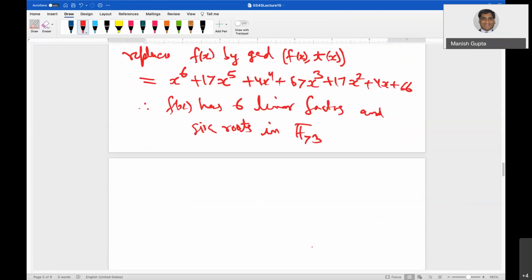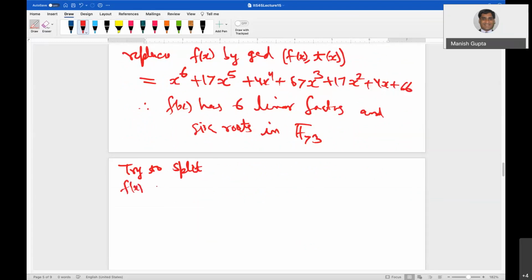So remember, we try to split this polynomial fx. Maybe I should write it down.